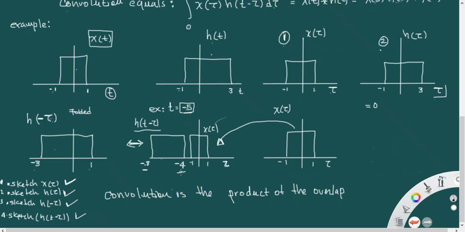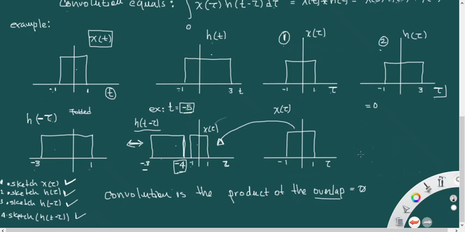Because this -4 is less than 1, this edge is not touching or over any part of this x of tau. So the overlap between these two functions is equal to 0. So the convolution of these two functions when t equals -5 is 0, because the convolution is the integral of the area of these two functions when they overlap.